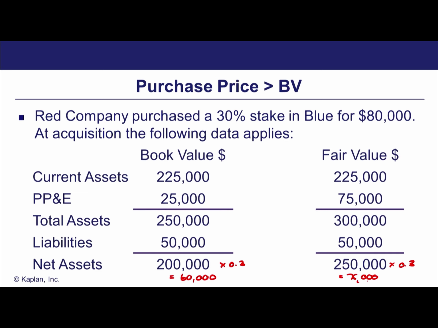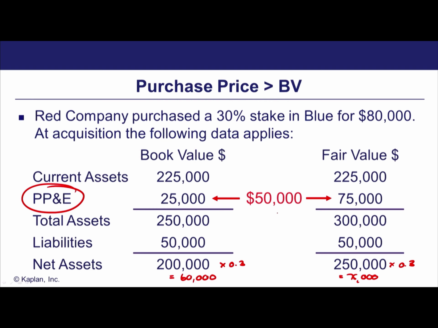Now notice, this is because the fair value of the assets and the book value of the assets subtly differs. And notice it's the PP&E, which is a very common one. Because remember, in particular under US GAAP, plant, property and equipment will be sitting there at historic cost, less accumulated depreciation, which of course could be very, very different from the current fair value of property. In this case, we can see actually the fair value of the PP&E is $50,000 greater than the book value of PP&E.